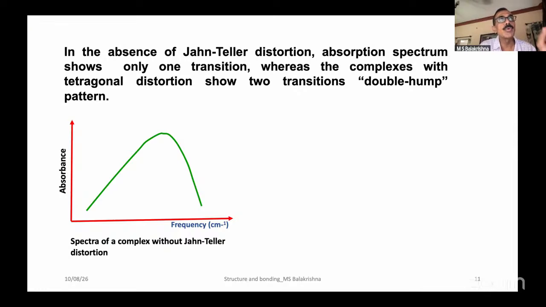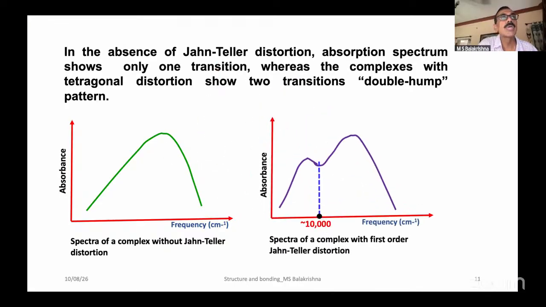And similarly, D2, D3, D7, D8, where you have two electrons, two less than half filled, two more than half filled, and two less than completely filled. In these cases, we see three electronic transitions due to DD. So that means here, in case of a D9 system, in absence of tetragonal distortion, it shows only one. But when tetragonal distortion happens, you come across two transitions that we call the double hump pattern.